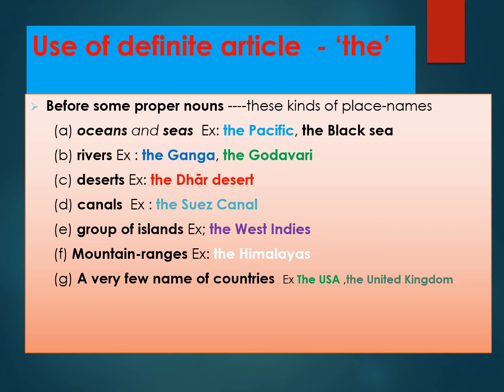Very few names of certain countries. Example, the USA, the United Kingdom, the Ukraine, the Netherlands. So before these, we can use the definite article the.